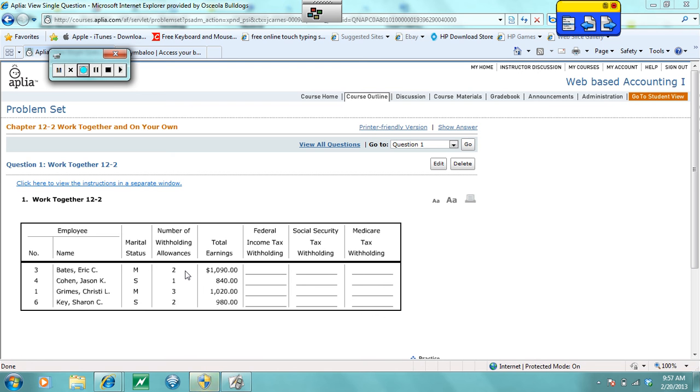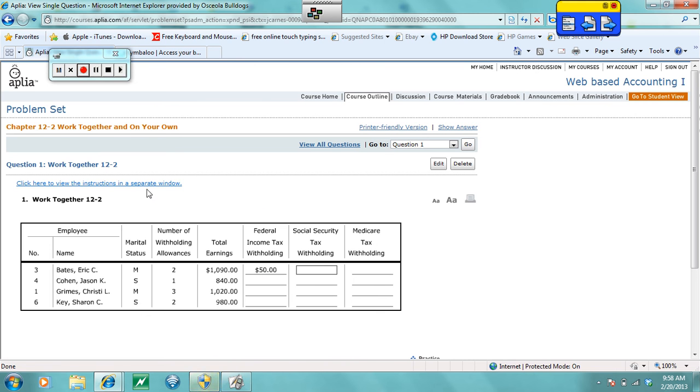But since he has made less than $1,100, you go to that group right there where it says $1,080, but less than $1,100. He has 2 allowances. So you go not to the first column, not to the second column, but to where the number 2 is. You come down, you go across, you meet up, and his federal withholding is $50.